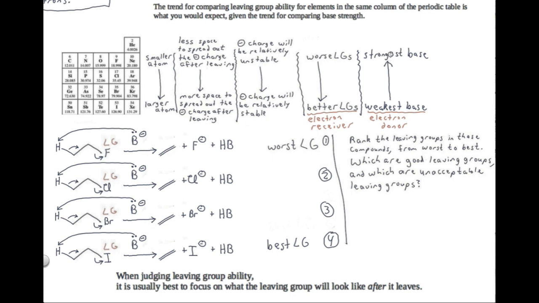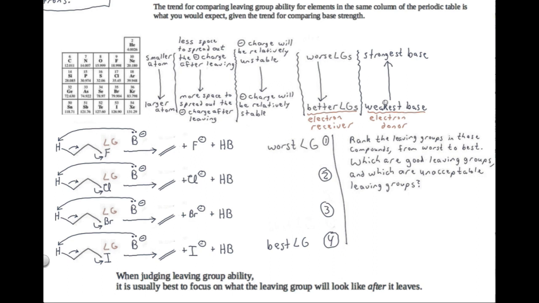And by the same token, a small atom makes a bad leaving group because after the leaving group leaves, its negative charge will be concentrated and unstable, and that makes it difficult for the leaving group to leave in the first place. Atoms with small size are eager to donate electrons, so it makes good sense that they're not that eager to receive electrons.